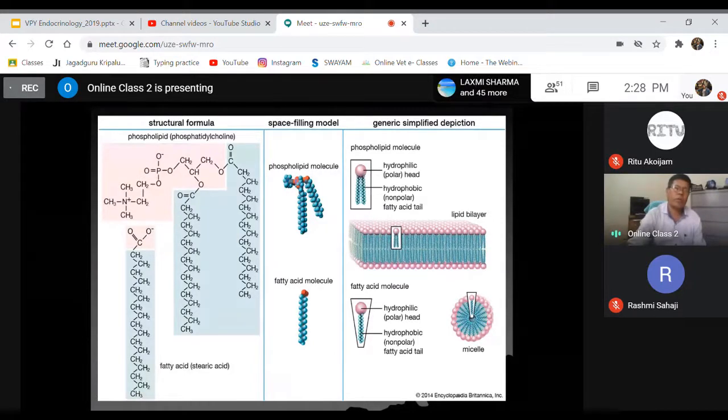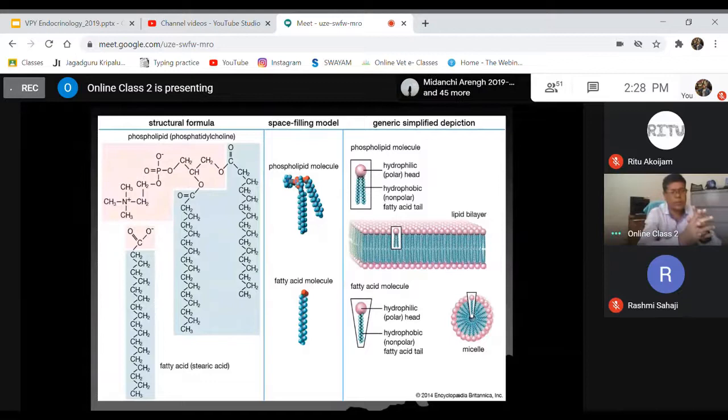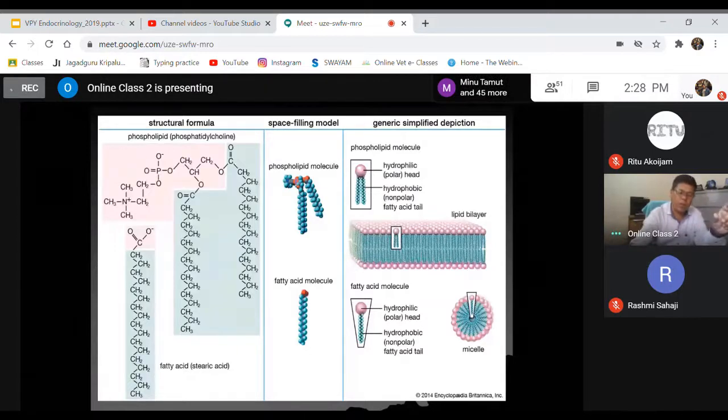Then the head group here is hydrophilic in nature, because it has the phosphoric acid and the alcohol. This means that in the same molecule you have two portions. One portion is the acyl chains, the two fatty acid chains, which are hydrophobic in nature. Then you have the group representing the glycerol, phosphoric acid, and the alcohol, which is hydrophilic in nature.